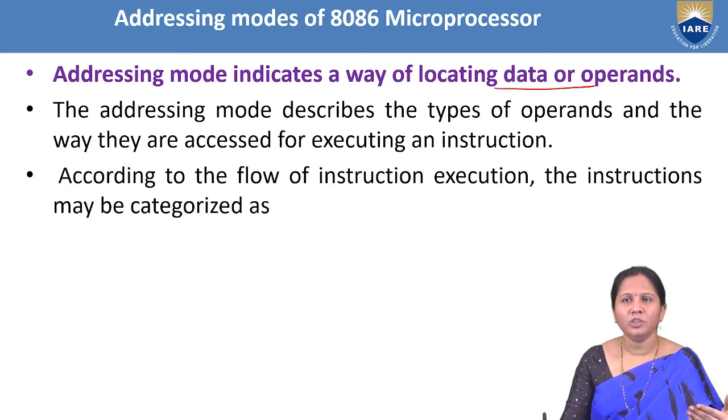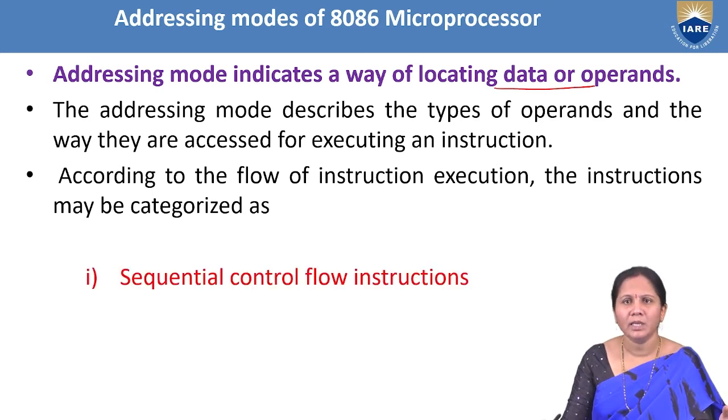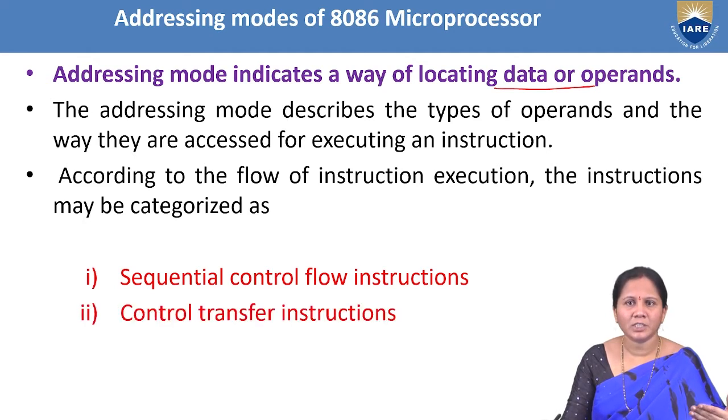According to the flow of instruction, the instructions are classified into different types. Generally, the instructions execute in different manners. In how many ways can instructions be executed? The execution may be of sequential control flow, or the instructions may be executed with the help of control transfer instructions.